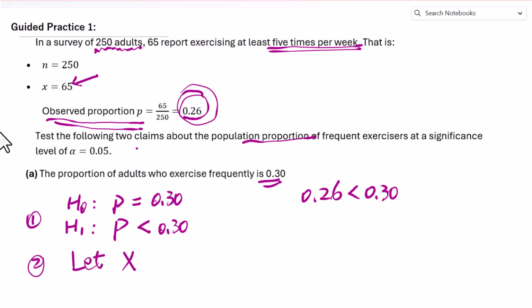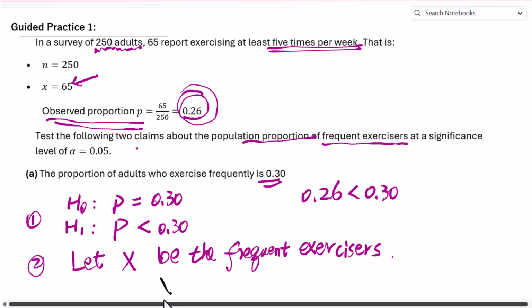Let X be the number of frequent exercisers. Then X follows a binomial distribution with 250 as the sample size and 0.30 as the probability of success.